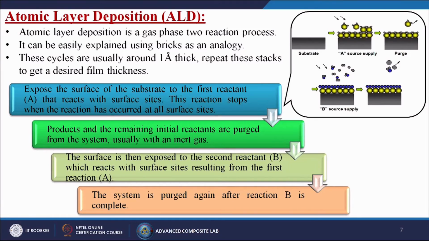Then products and the remaining initial reactants are purged from the system, usually with an inert gas. The surface is then exposed to the second reactant which reacts with surface sites resulting from the first reaction A. The system is purged again after reaction B is complete.